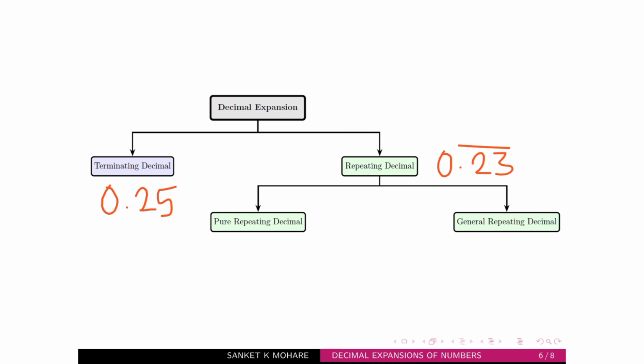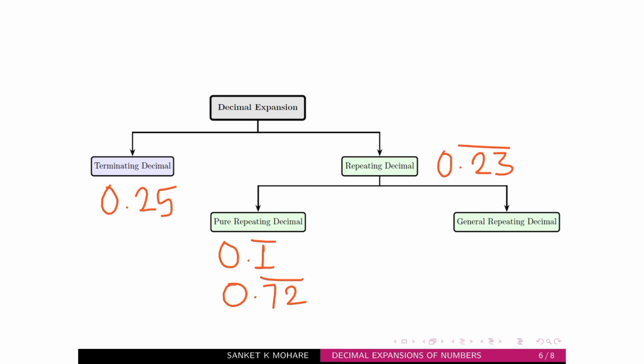Now repeating decimal expansion is further categorized in two parts: pure repeating decimal and general repeating decimal. Pure repeating decimal means after the decimal the block of digits suddenly starts repeating, for example 0.1 bar, 0.72 bar.